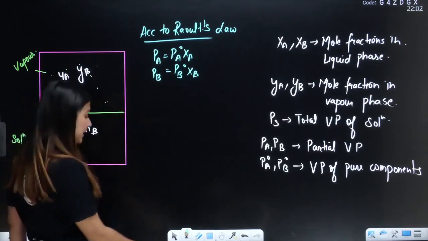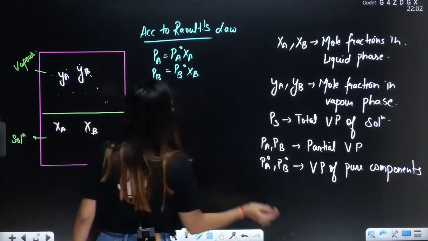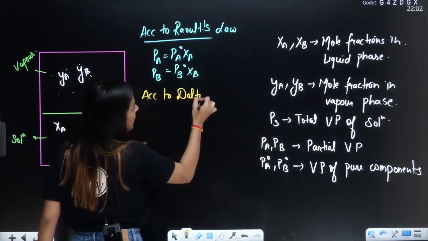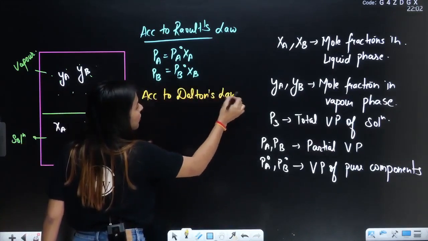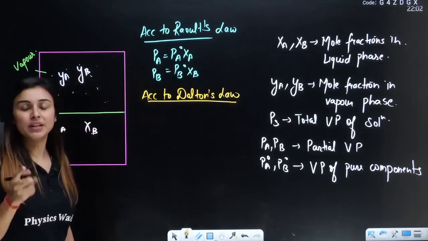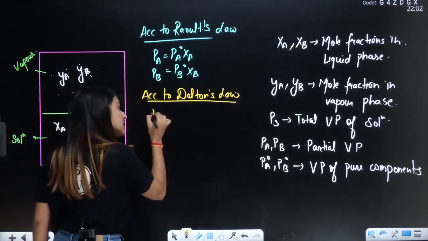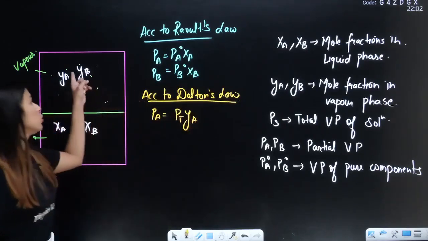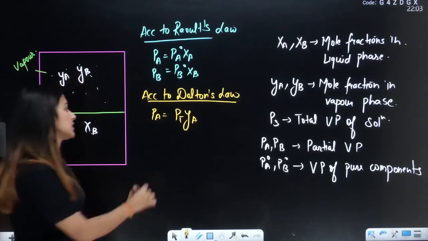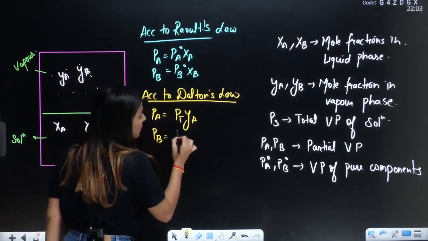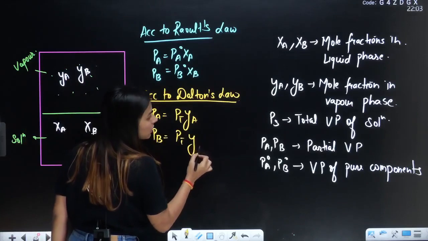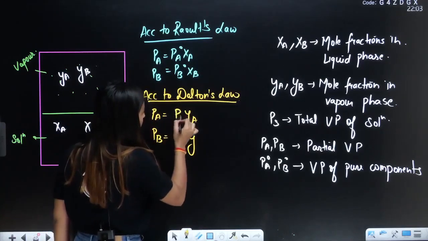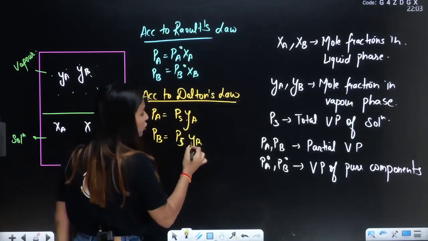And according to Dalton's law, we just calculated that the same PA is equal to P total into YA. This time you are using the mole fraction in the vapor phase, and PB is equal to PS into mole fraction of B.